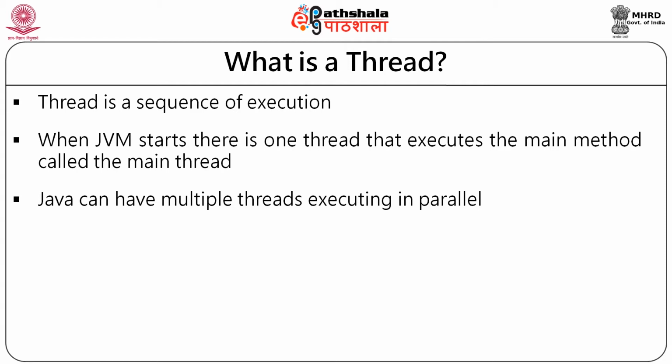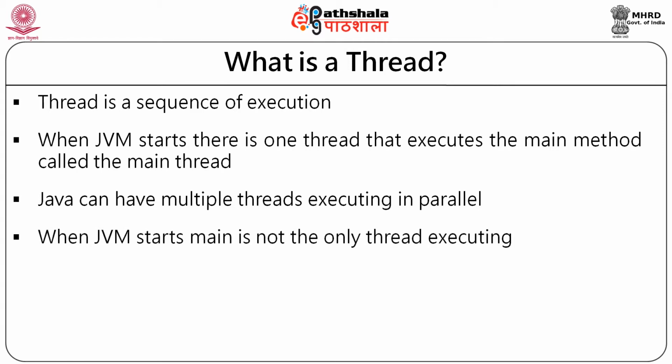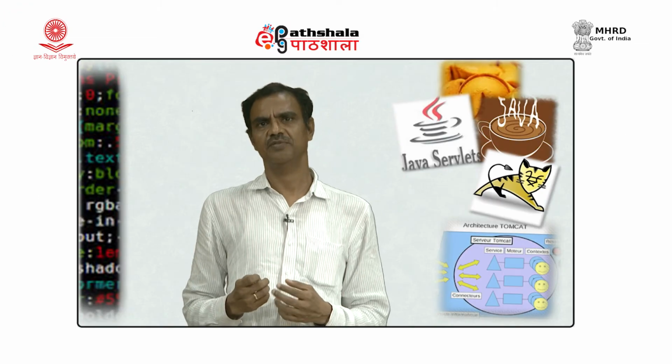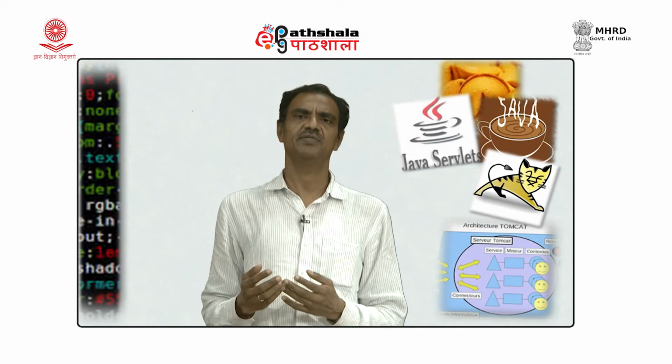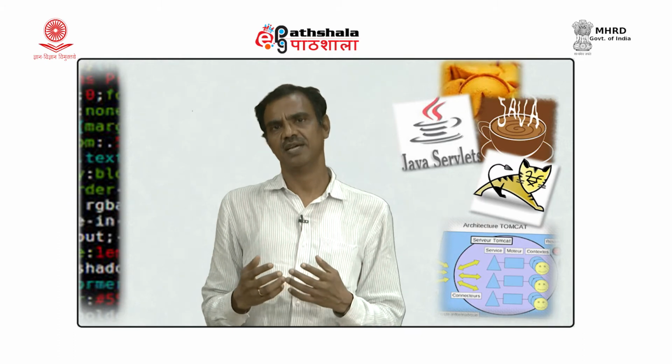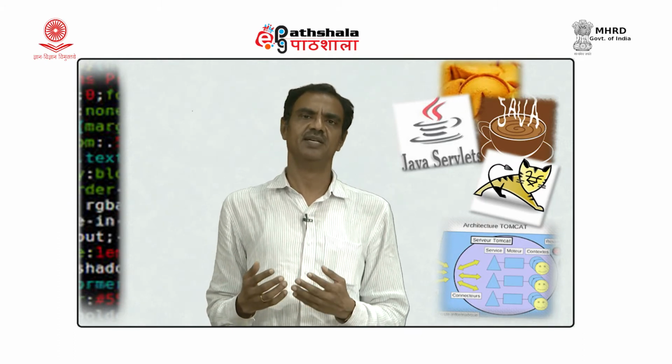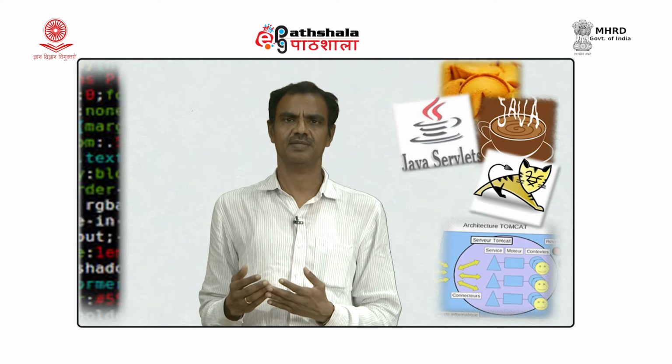There are other threads also executing in parallel. For example, for the purpose of garbage collection, we have a garbage collector thread which is also working independent of the main threads. It is working in parallel.